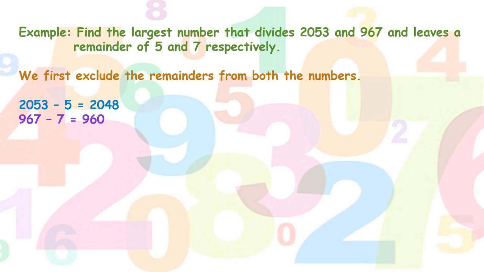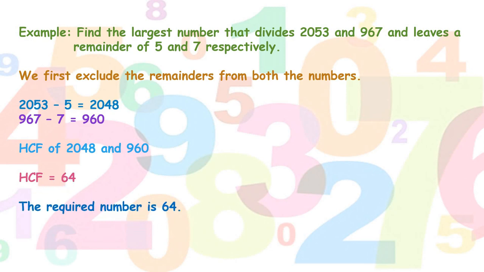Now we have to find the largest number that divides these two numbers. So we have to find the HCF of these two numbers. The HCF will be 64, so the required number is 64.